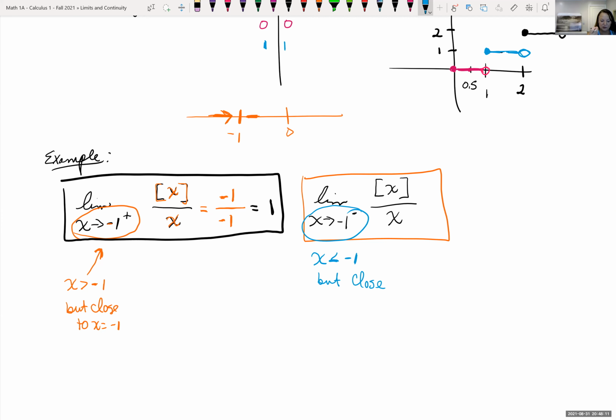The problem is when I'm plugging that into my numerator and I look at the greatest integer that is less than -1.1 or -1.2 or -1.001, that greatest integer that I'm going to get back would be -2. So if I do direct substitution, I would get -2 back from my numerator. Plugging in -1 on the denominator, I get -1. And so this would equal 2.